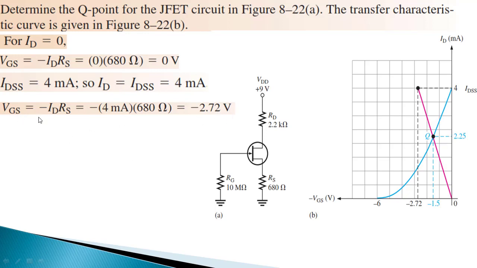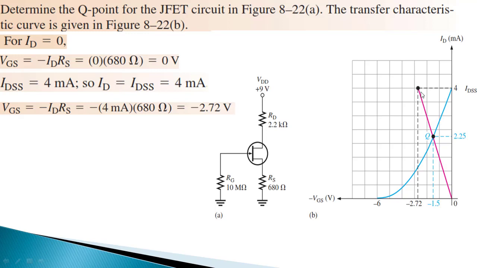So when the drain current is maximum, the value of VGS will be minus 2.72 volts. So in this graph, the coordinates are 4 milliamps and 2.72 volts, so we get one point.